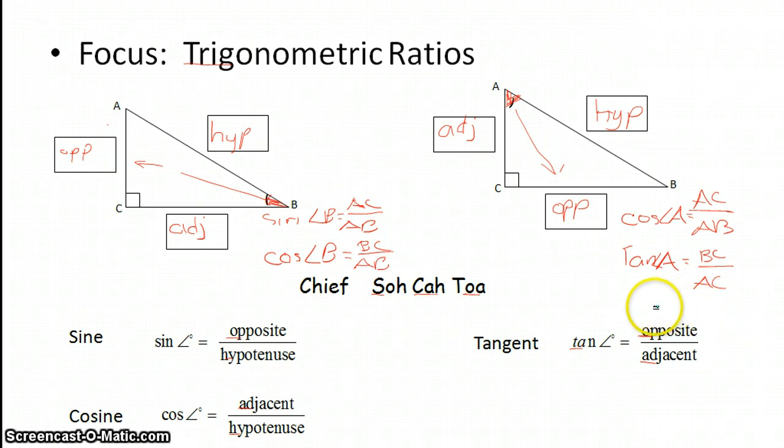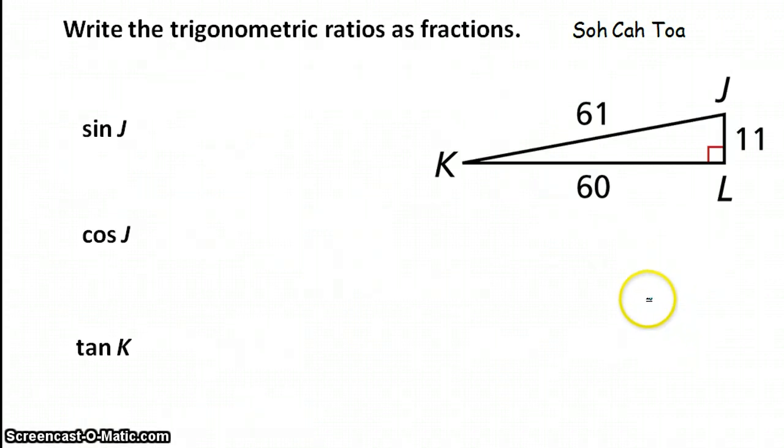All right, let's take a look at a different triangle here. We have up here our Chief SOHCAHTOA. So again, sine is your side opposite over the hypotenuse. Your cosine is adjacent over hypotenuse, and your tangent is opposite over adjacent. So let's find these three trig ratios. We want to find the sine of angle J. I'm going to highlight it.